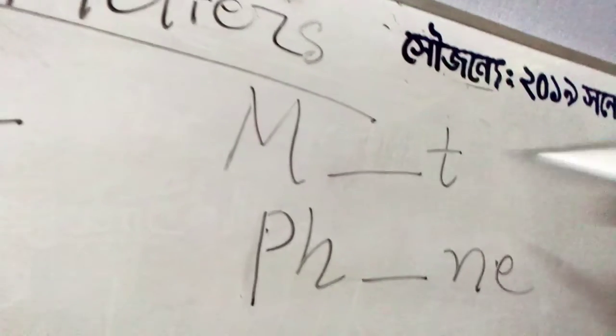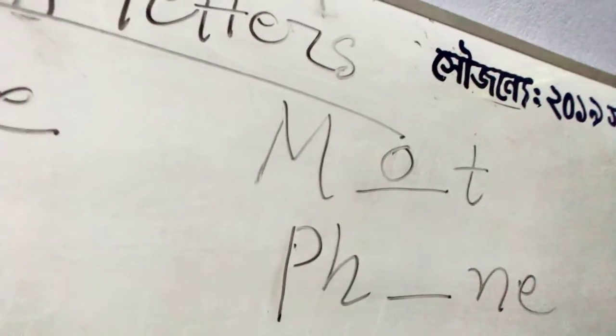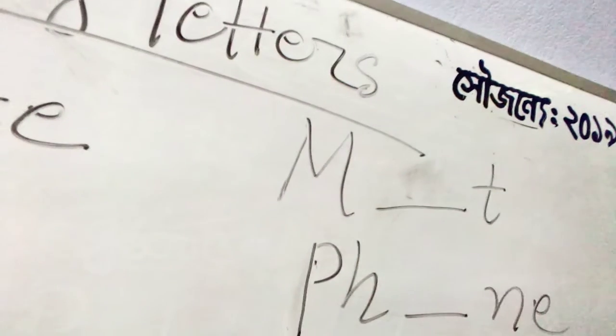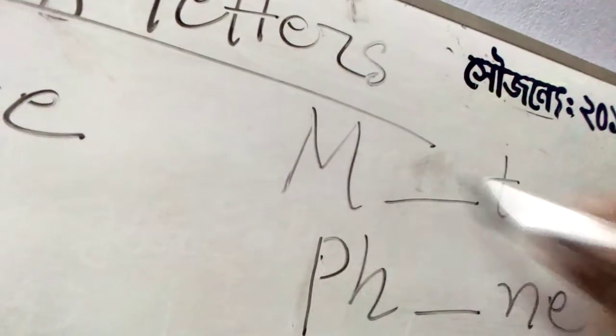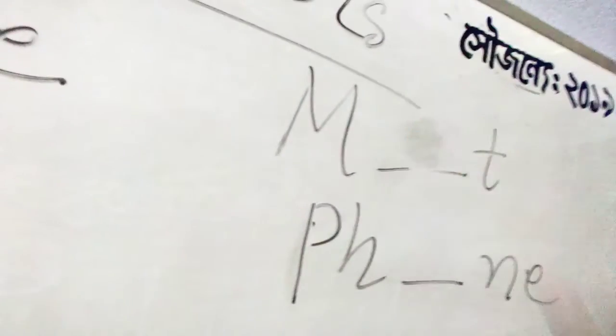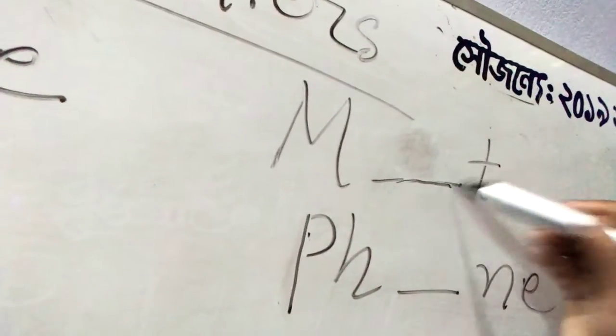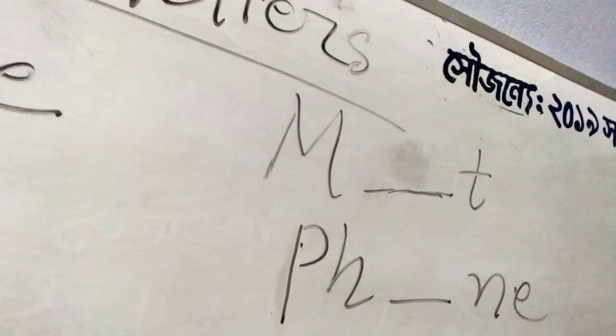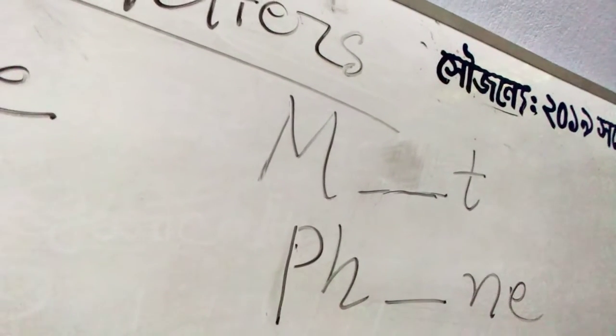Okay. Now coming to the next one, it is M-T. If I put O, does it make any sense? No. I have never seen any such word. If I put E, mate is the past form of meet. But still I can't take it as a word, it was in the verb form, the past form of the verb meet.